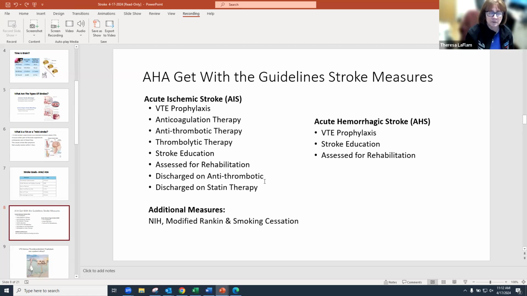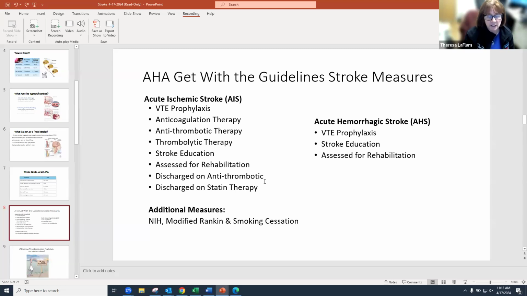So the physician or the provider would have to say, not safe to order anticoagulation for this patient, even though they have a known history of atrial fibrillation, because they have a brain bleed, because they're at a high risk for fall. They're 95 years old. It's not safe for them to be on it. So they have to document why this is contraindicated. If they don't write a reason why, it needs to be done. If it's not done, you fail the measure. So that means we didn't follow the best practice.